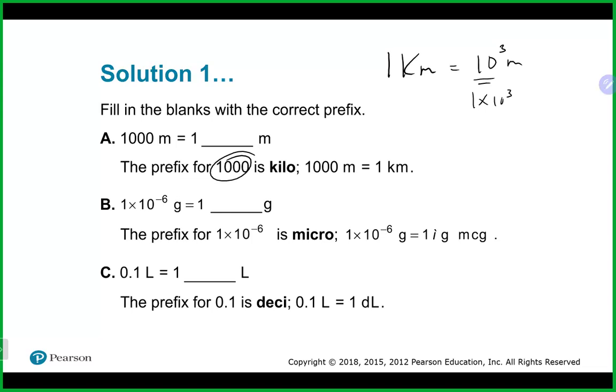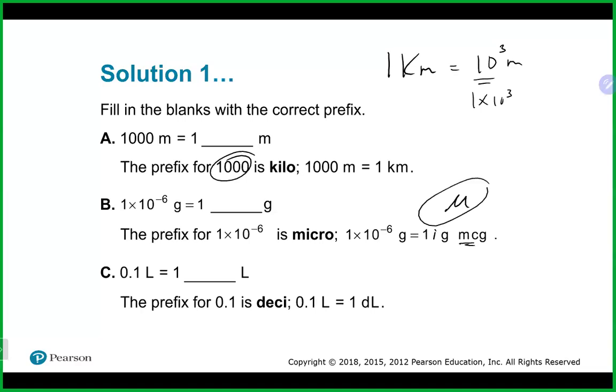1 times 10 to the minus 6 grams, the minus 6 is the micro conversion. I don't know, your book kind of goes back and forth on micro. The symbol, they use this for micrograms sometimes. The real symbol that most people use for micrograms is this kind of like U looking thing. Micro is that U type of looking guy.